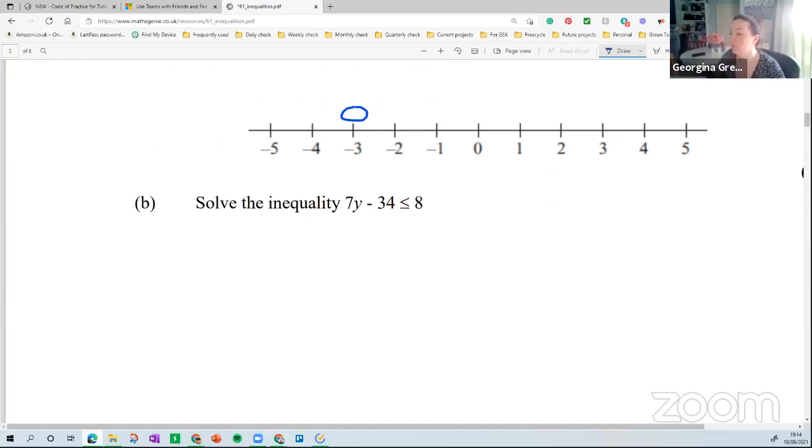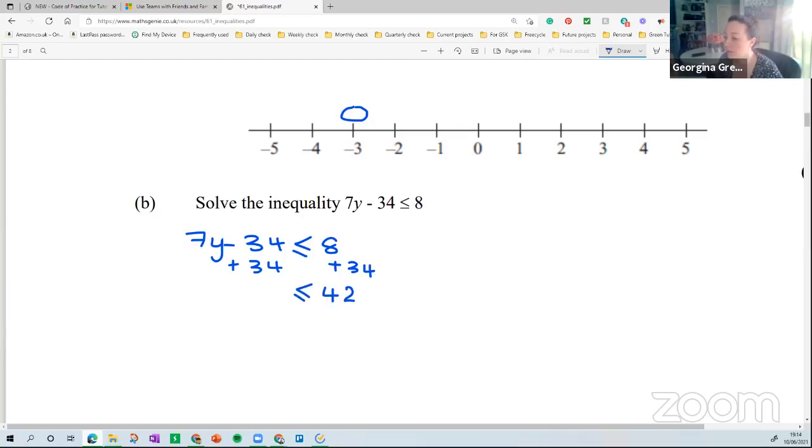7y minus 34 is less than or equal to 8. So we can ignore this inequality symbol for now, just work it the exact same way as if it was an equals. So we would start by adding 34 to both sides of this equation. 8 plus 34, that's 42.